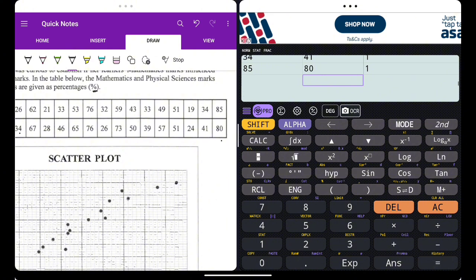Right. Now we have all the data that we wanted.